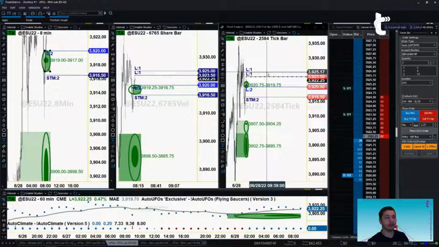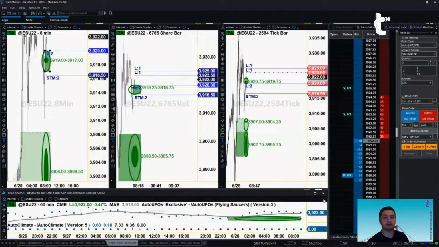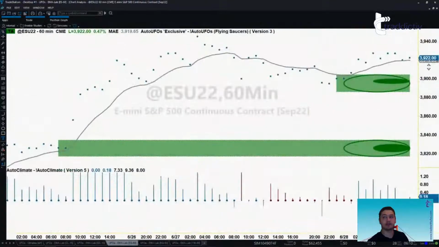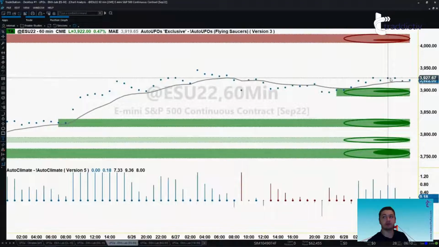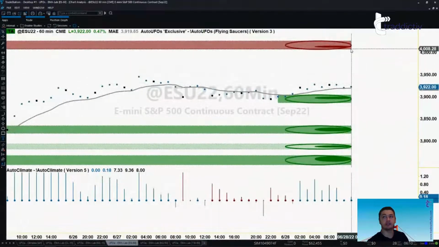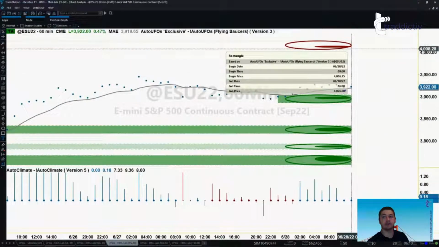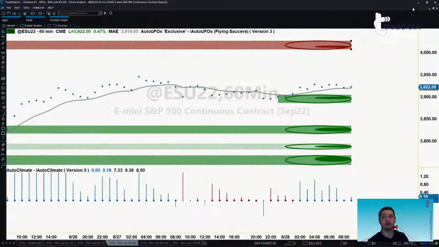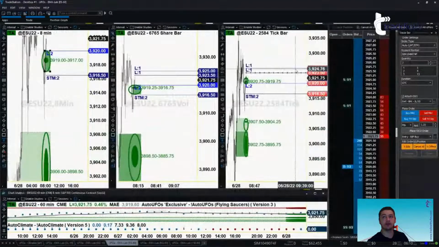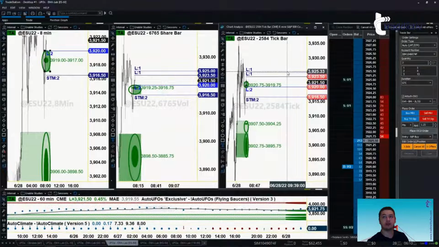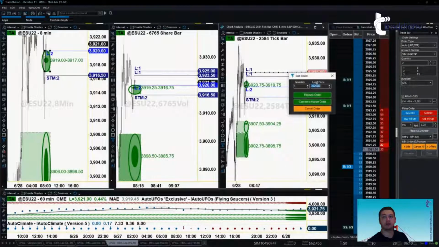And now T2, we're going to maximize this chart, see if there's anything above, and look at that, there is. This UFO starts at 4,675. So that's our T2.